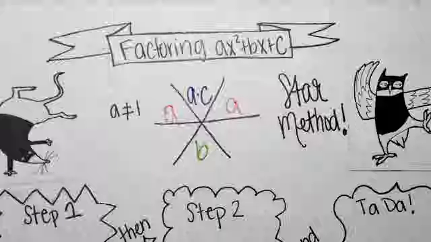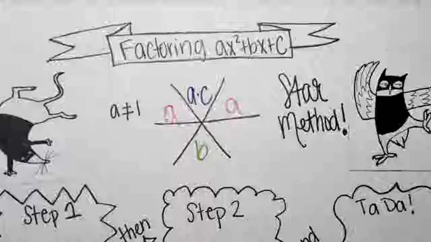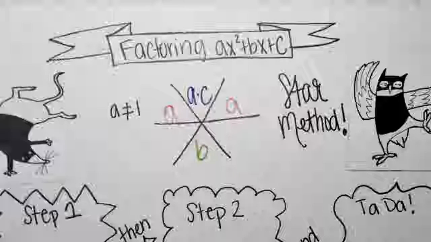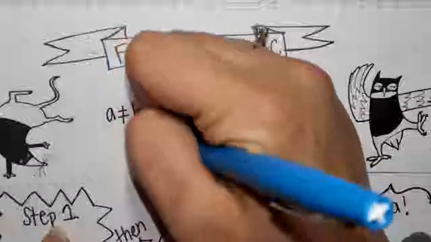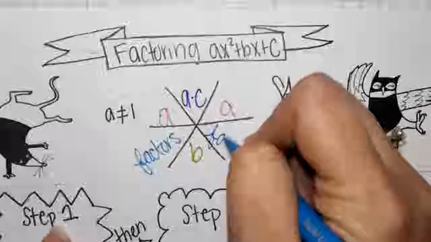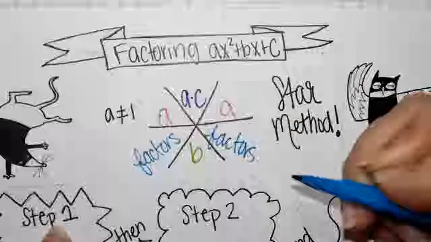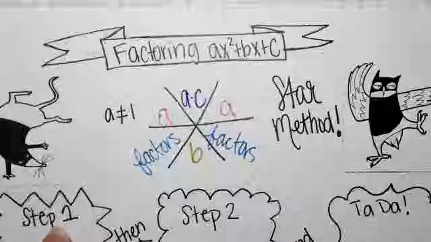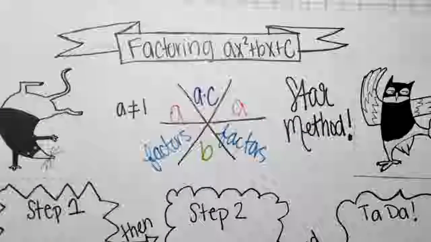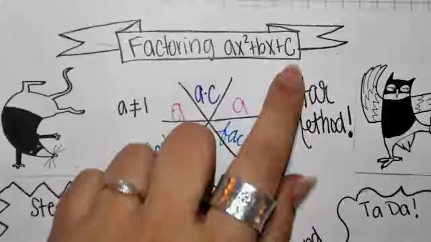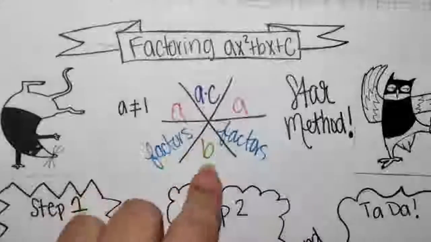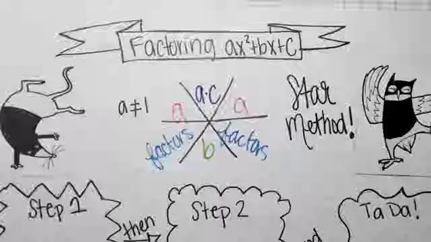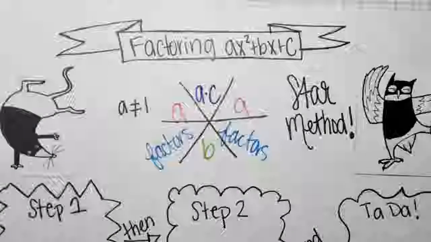C and C. Our factors. Remember, we have to factor whatever we get here. We have to find two numbers that multiply to give us this and add to give us B, every single time.